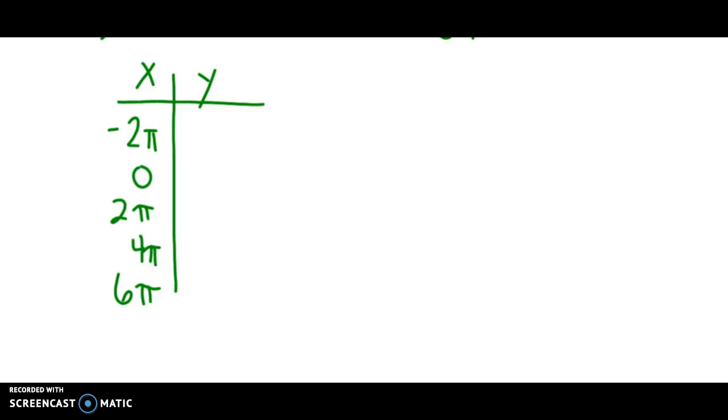Well, again, it's almost the opposite of cosecant. Undefined, undefined, and undefined. But now instead of going to negative 1 first, we go to positive 1 and then negative 1.